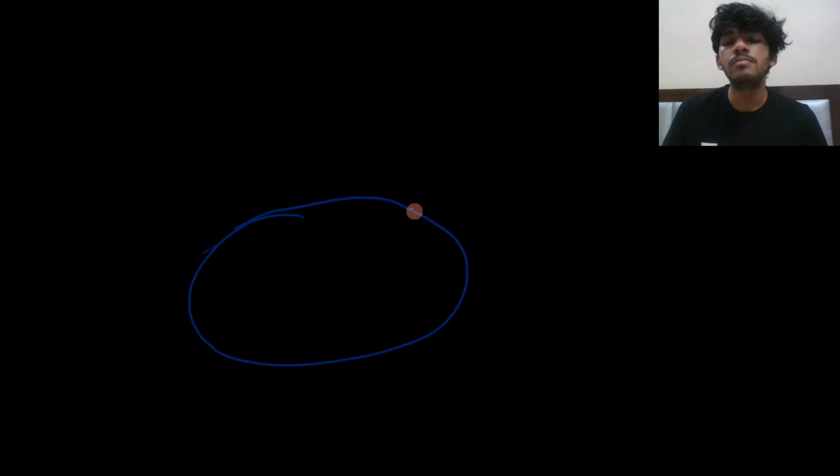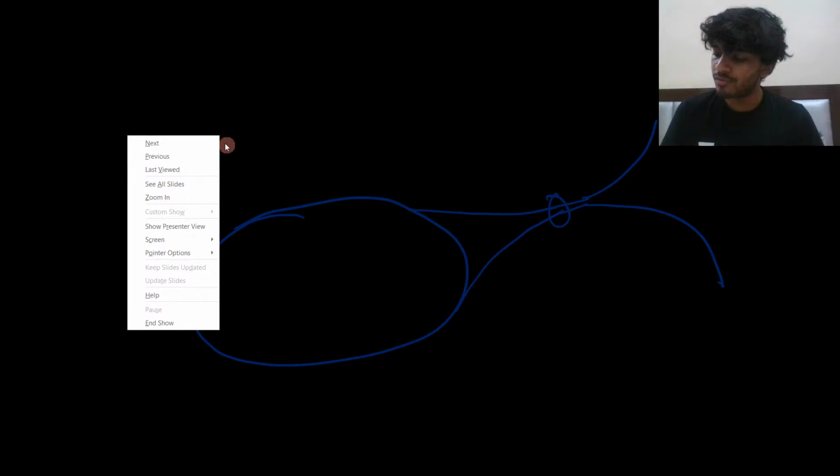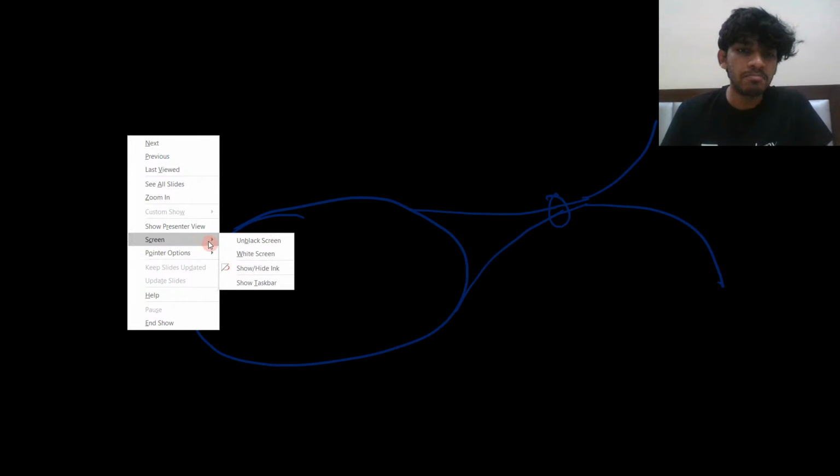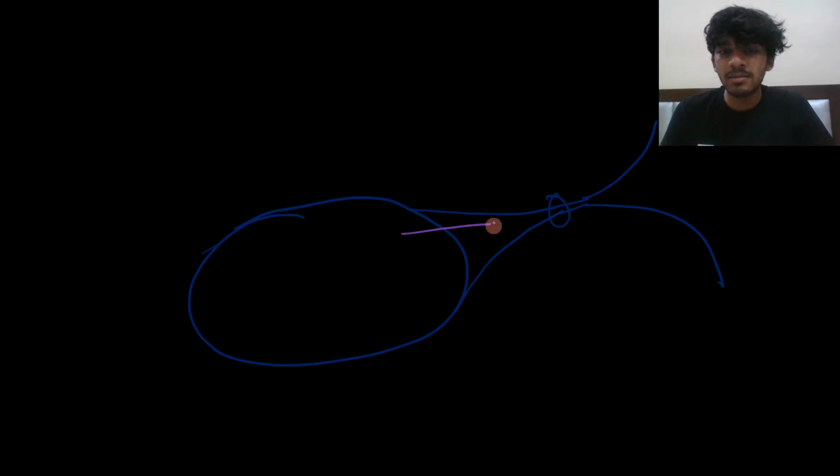So now if this was your spinal cord, right? Your spinal cord has a dorsal root and a ventral root. It joins here, forms the spinal nerve and divides into the dorsal ramus and the ventral ramus. So between them, you will have this extension of the pia known as the ligamentum denticulatum, right?